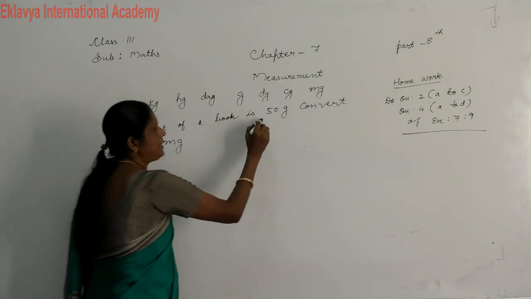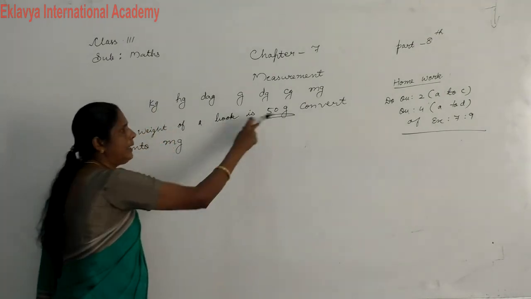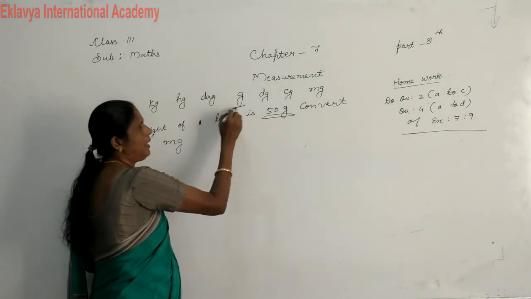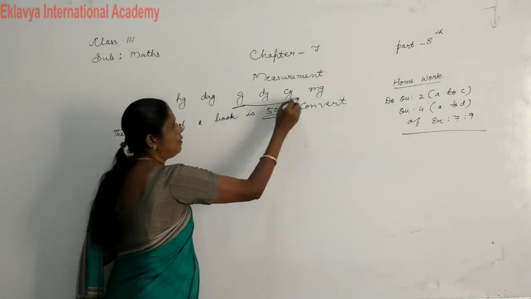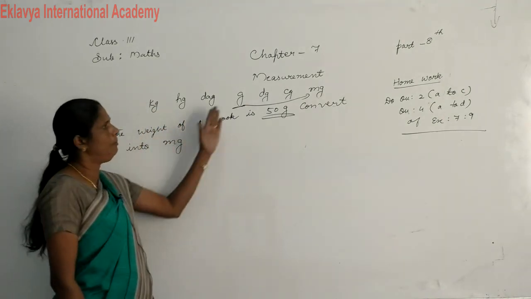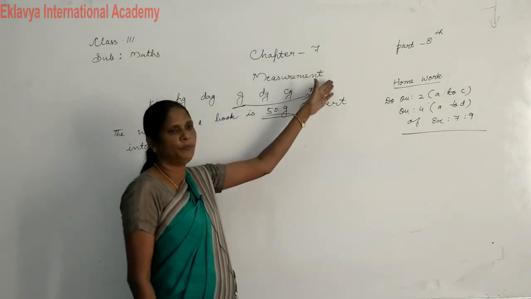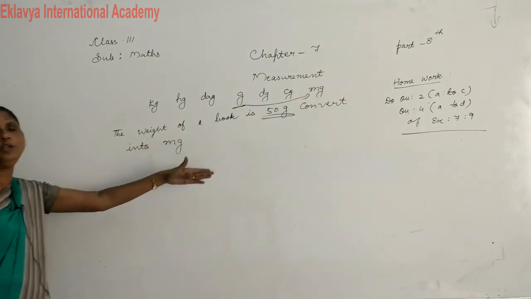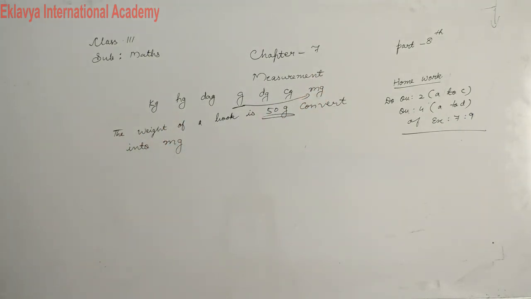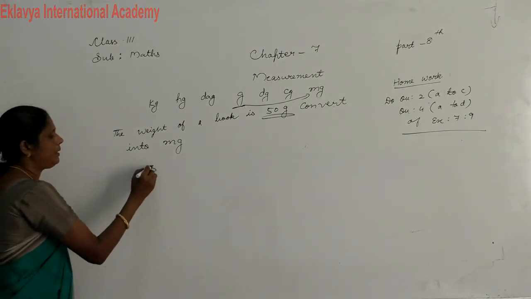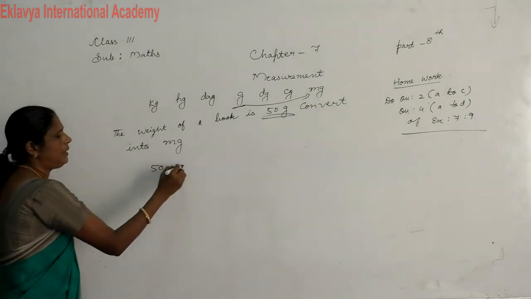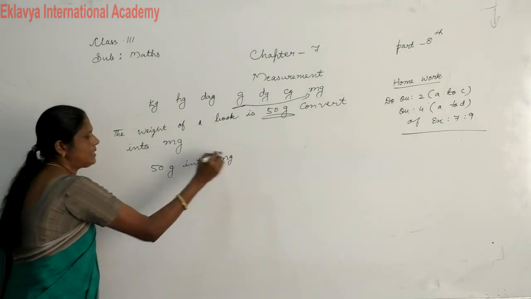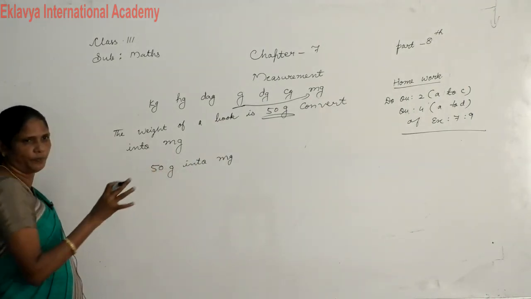Our question is gram into milligram. This is our gram. Bigger unit into smaller unit, we multiply. 50 gram into milligram. This is our short form of the question.